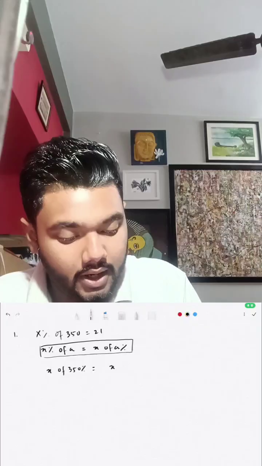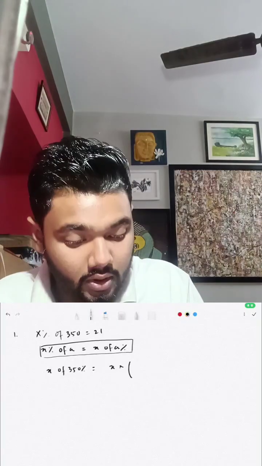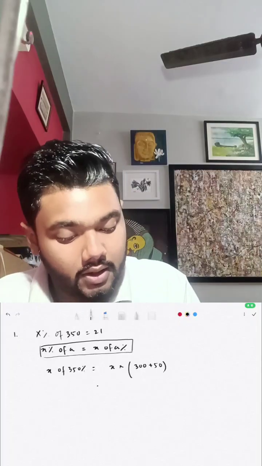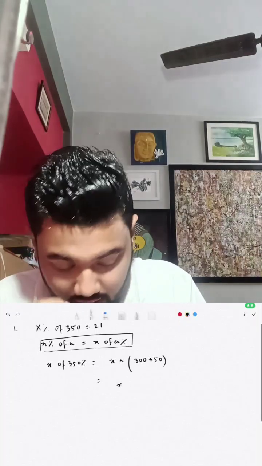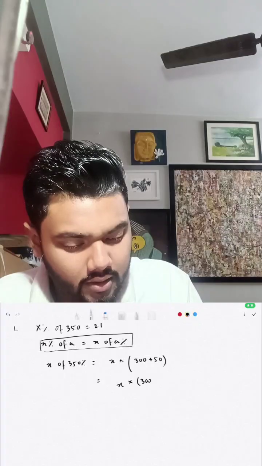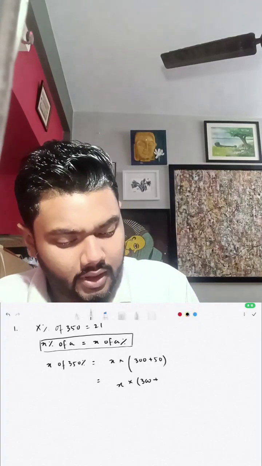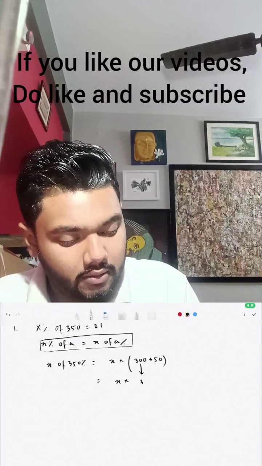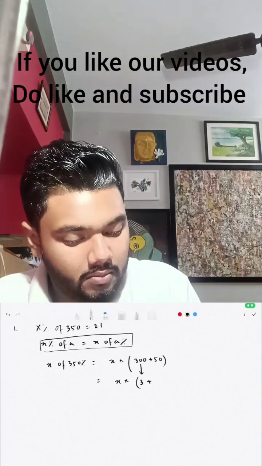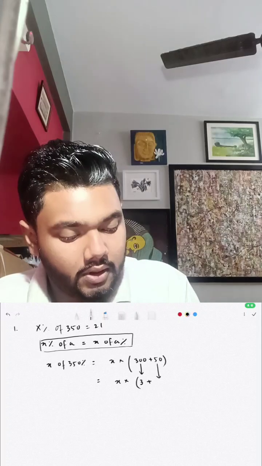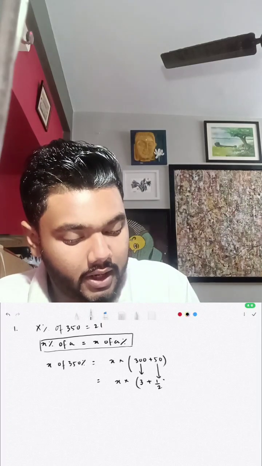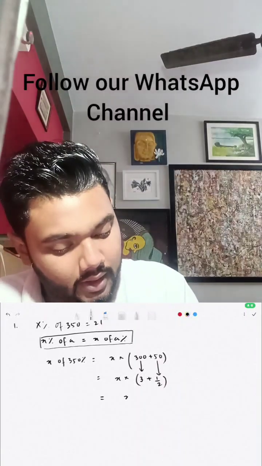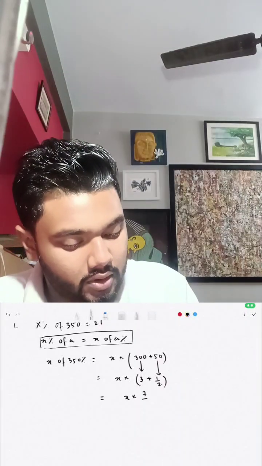So if we break it, 350, we can write it as 300 plus 50. Now 50 we don't have to break it. 300, we get 3 plus 1 by 2, right? So x into 7 by 2.